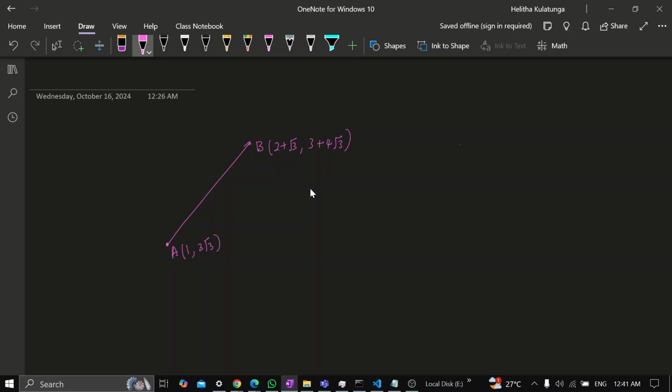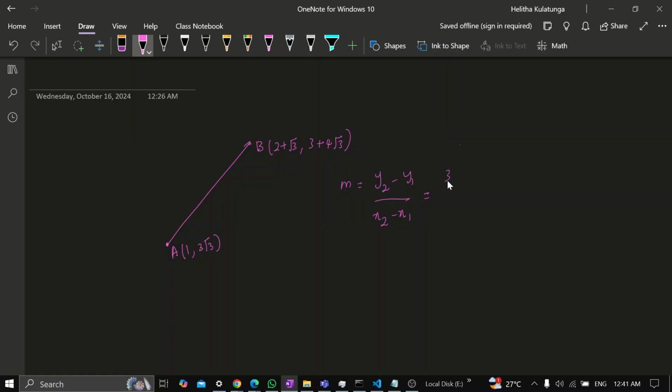My first approach would be to find the equation of this line. To find the equation of this line, I need to find the gradient first. The gradient will be basically (y2 minus y1) over (x2 minus x1), so the difference in the y coordinates divided by the difference in the x coordinates.